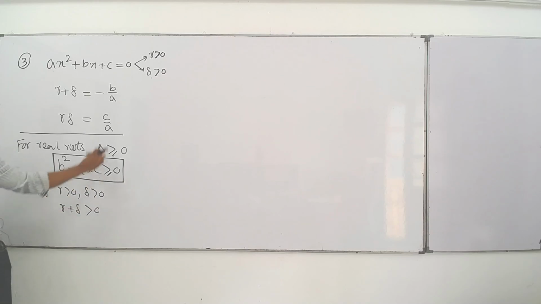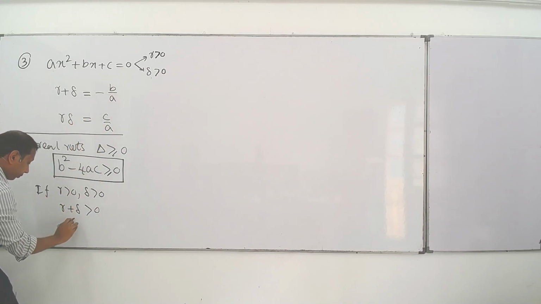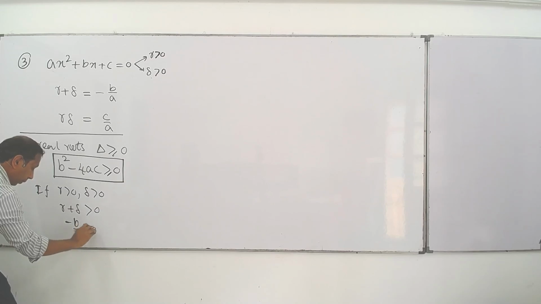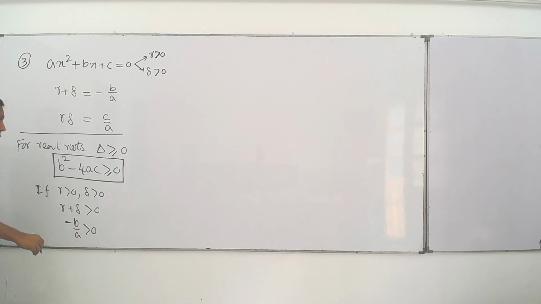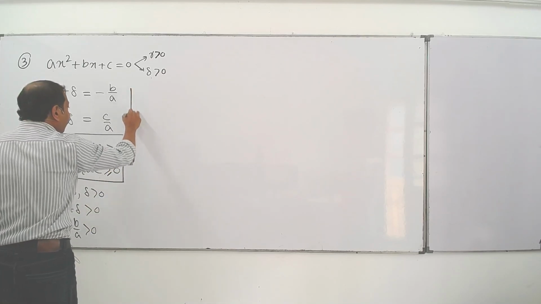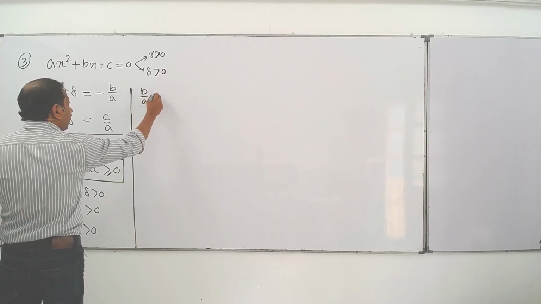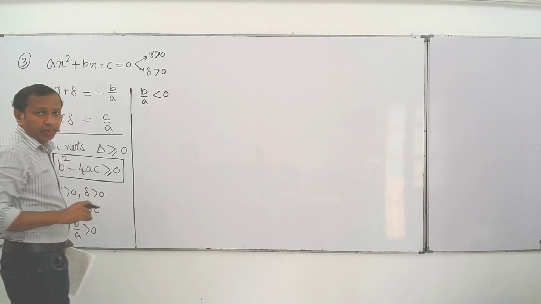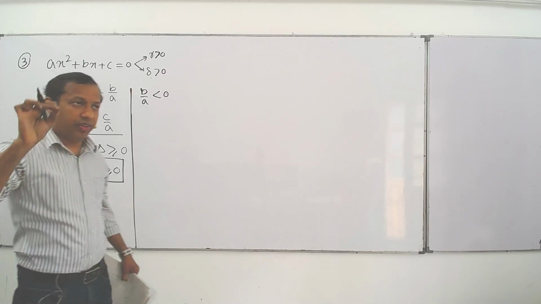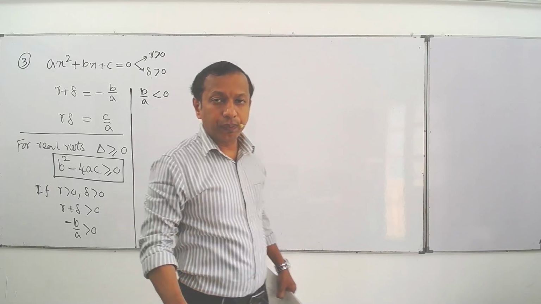But gamma plus delta is what? Minus b by a. Minus b by a positive. Multiplying both sides by a minus sign, we get b upon a less than 0. When we divide b by a, the answer should be negative.